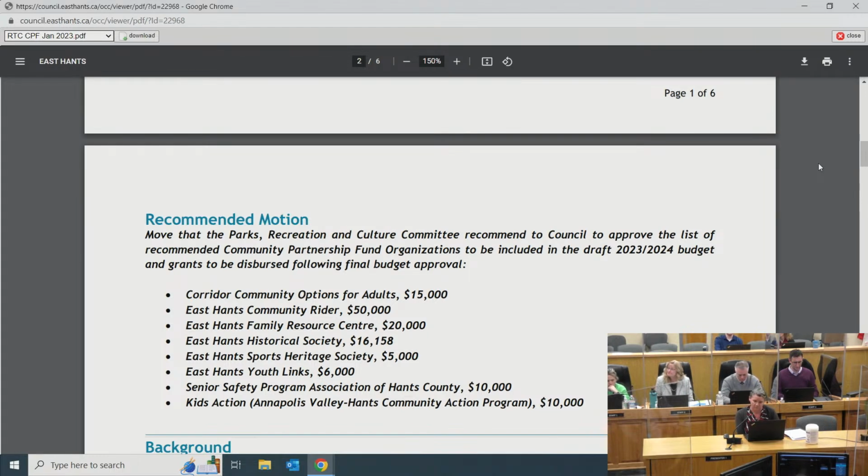The other question that I have is on the seniors, the senior safety program. I realize that there's been some changes and some decreases there, as well as some proposed decreased funding from us and possibly from West Hants as well. Does it seem like that program is on a downward slide, or is reducing our contributions going to maybe contribute to that?